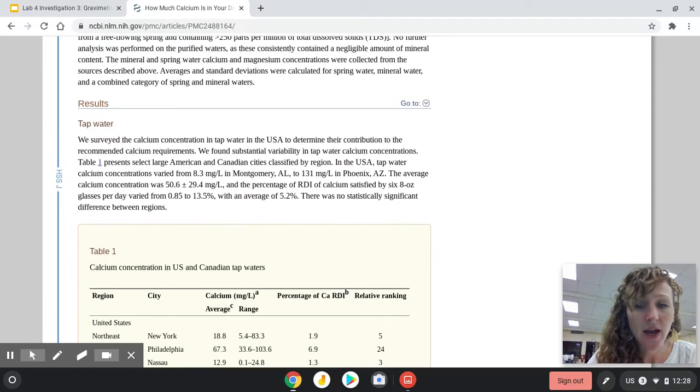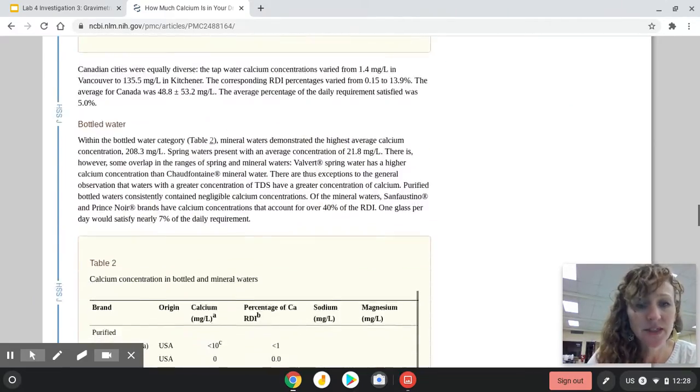They also have here some tap water measurements around the US and Canada. And the lowest is like 8.3 milligrams, and the highest is 131 milligrams, Phoenix, Arizona. Let's see if they have any other results.